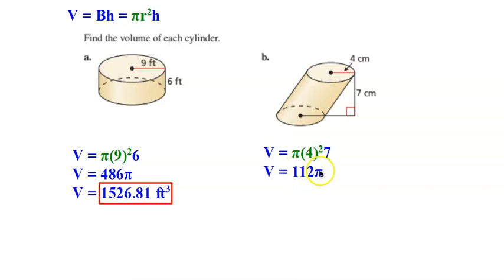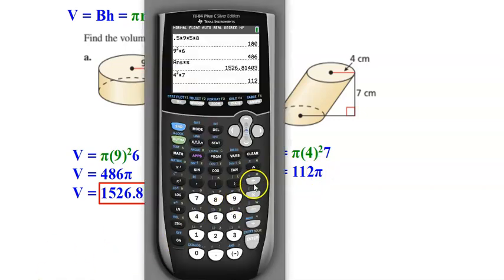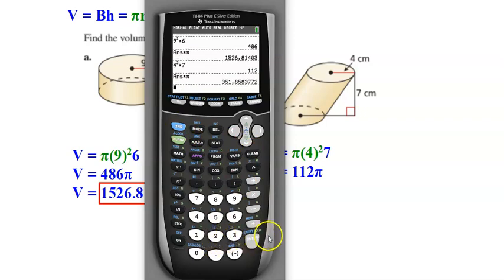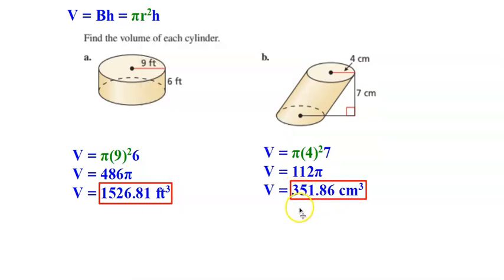So we have 112 pi. And then we're going to multiply that by pi to get it rounded off. And so we have approximately 351 and 86/100 cubic centimeters. So not that bad. Just take it, plug it into the formula, and get your answer.